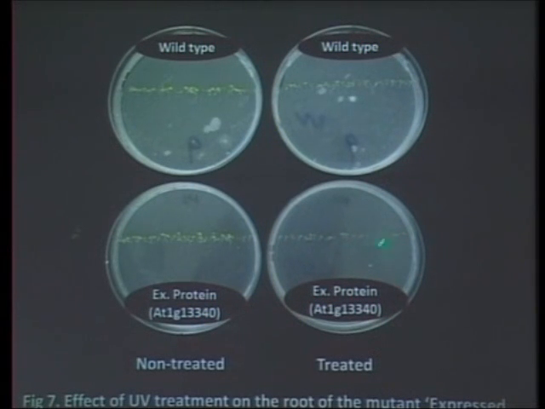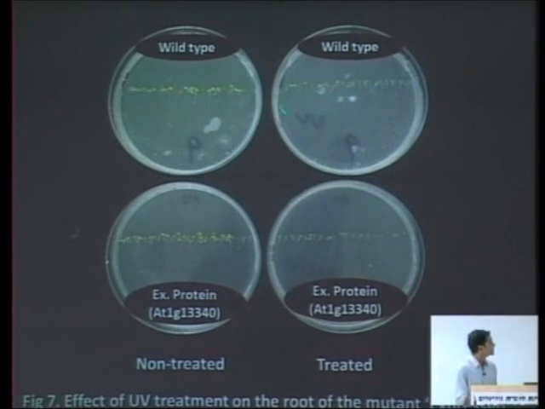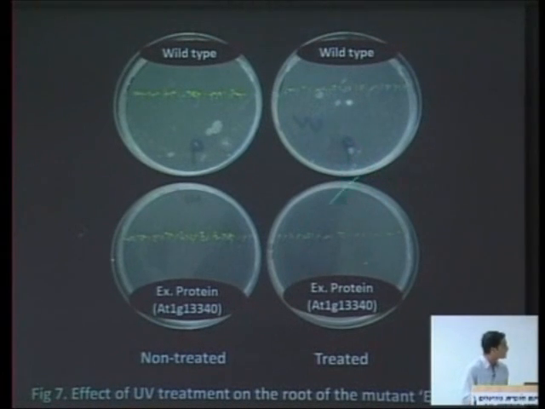You can see here some of these plants died because of the treatment, and the others survived but with no further significant growth of roots. In wild type there is reduction of root growth, but not as sensitive as expressed protein. So we can say that this expressed protein, the function of which is also unknown, might be involved in enhancing the tolerance against UV stress.